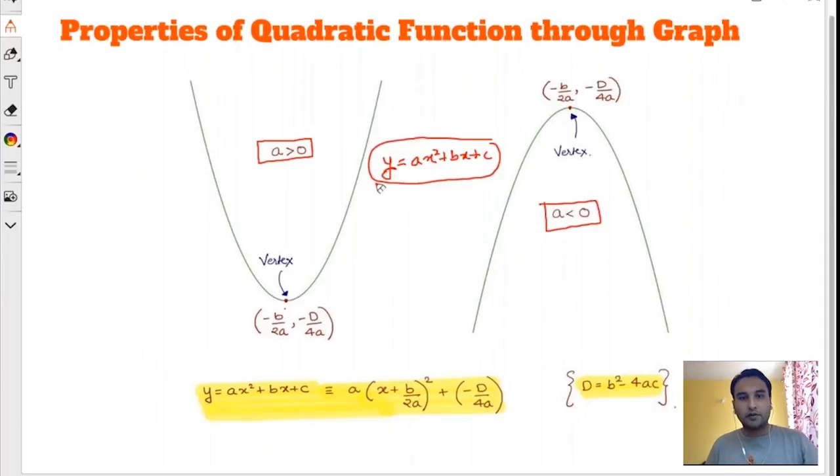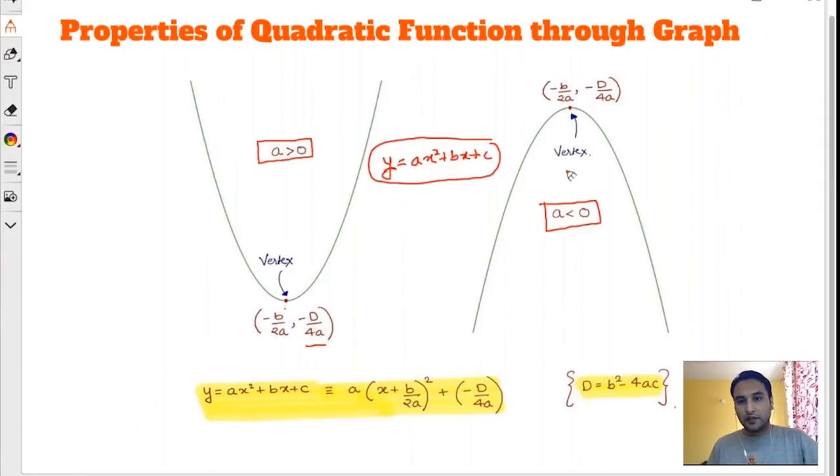So, agar aapne range padha, if you have learned range a bit in functions, you can appreciate. Anyways, I'll teach. But if you're familiar with the term range, you can see that if A is positive, this expression will take all the values starting from minus d by 4a to all the values till infinity. Or you can say that the minimum value of this when A is positive is minus d by 4a.